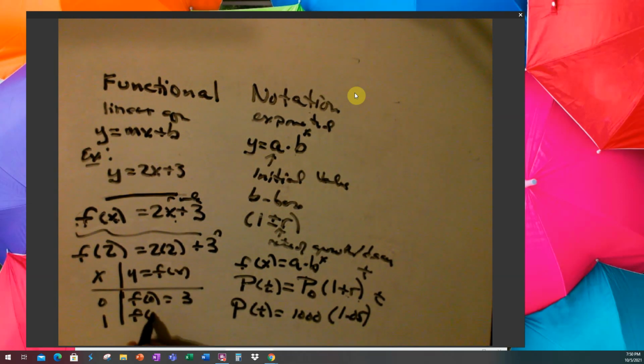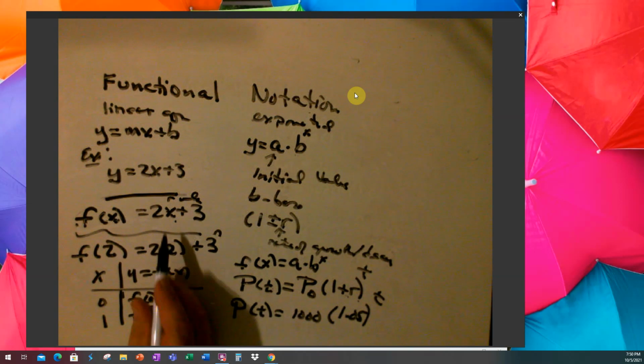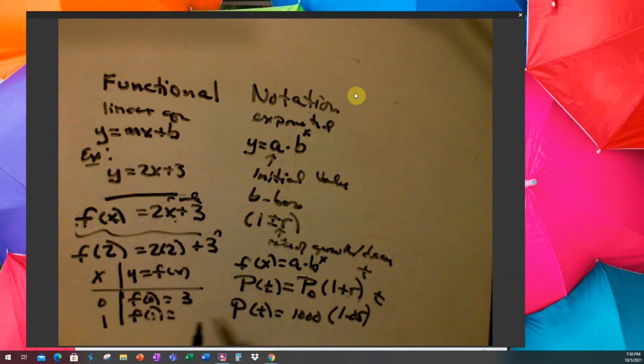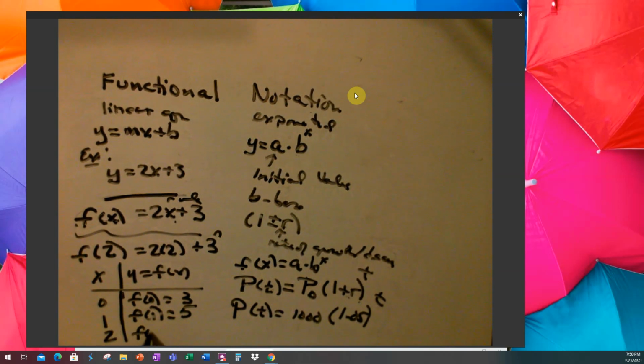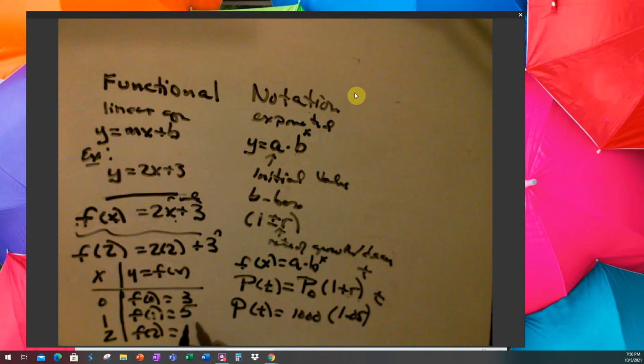The value of the function at 1, there are different ways that you'll hear this. F of 1 would be 2 times 1, 2 plus 3. That would be my 5. And then we did the 2 a while ago. So f of 2, the value of the function when x is 2, and that was the 7. Okay.